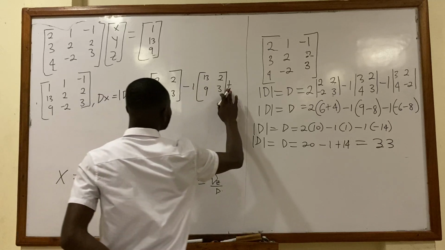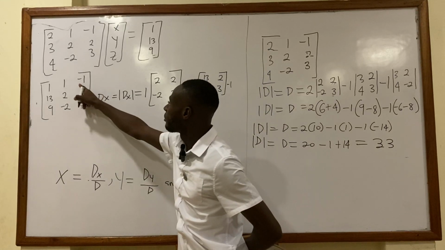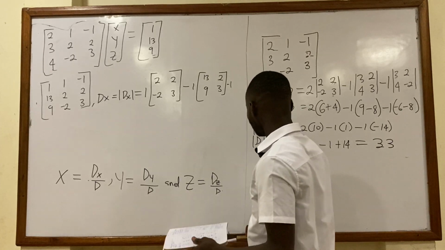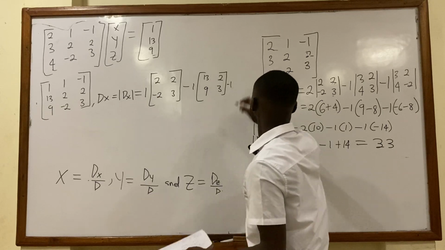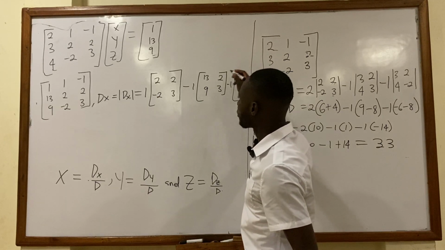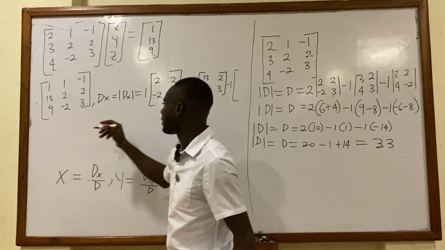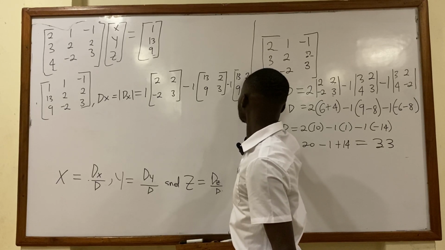This part will be minus because there is a minus there. So minus 1, minus 1. Then we avoid this element and we avoid this, so we have this element. We have 13, 9, and 2, next 2.